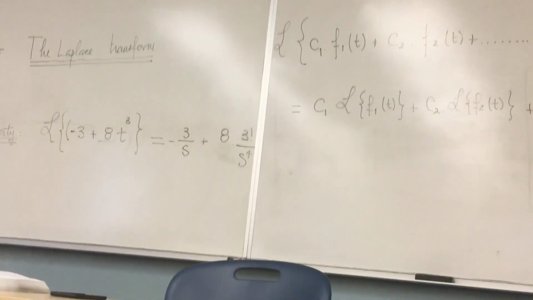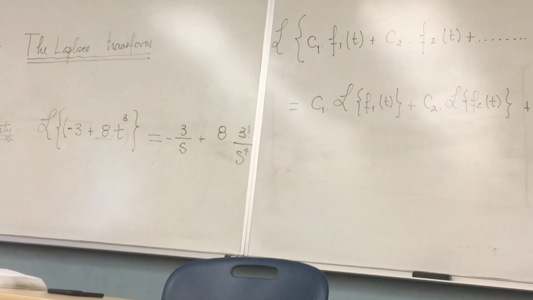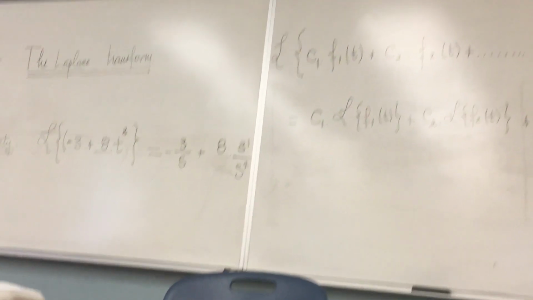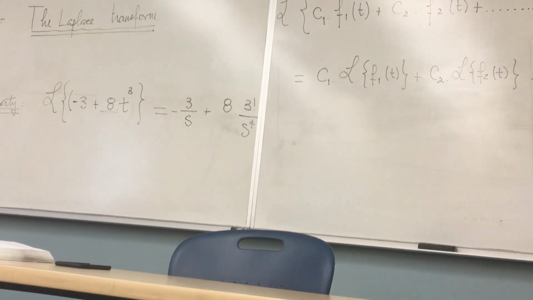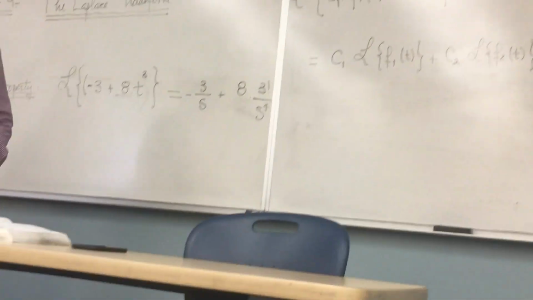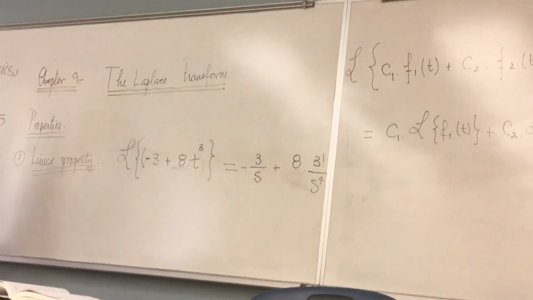Those are the Laplace transforms of the integer powers of t. And that's one of the formulas in the table on page 500 that you can bring to the test. Any other question? So, this is a very important property, the linear property. And here you have an illustration of how to use it, right?